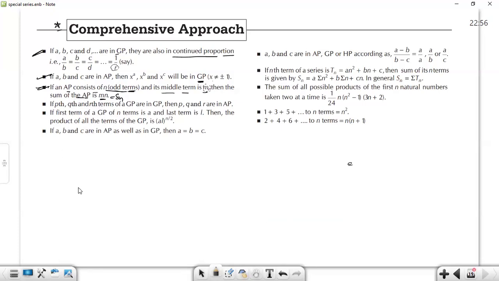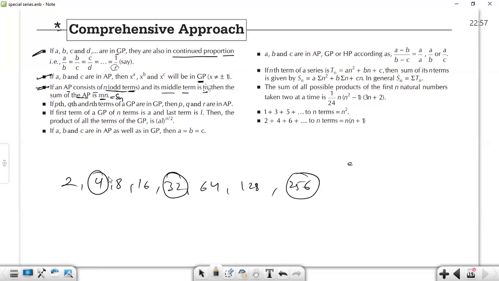It is like, let's say there's a GP. Now, if pth, let's pick any 3 numbers. These are in GP, all 3 numbers. Why?